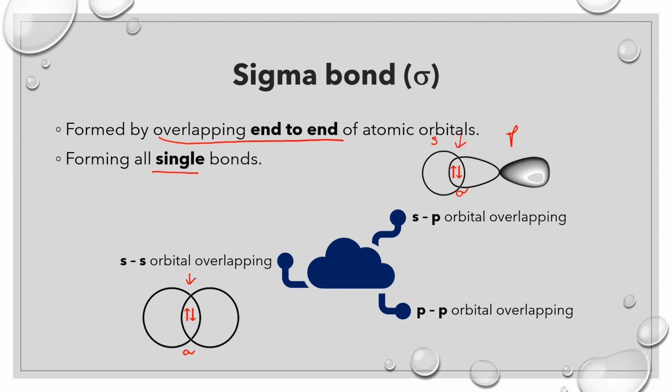Dan between PP orbital overlapping akan melibatkan dua P orbital. So apabila dua P orbital ini overlap secara head to head ataupun end to end, hujung ke hujung, the area of overlapping here akan mengandungi sebanyak dua elektron yang membentuk single covalent bond dan bond ini kita labelkan sebagai sigma.